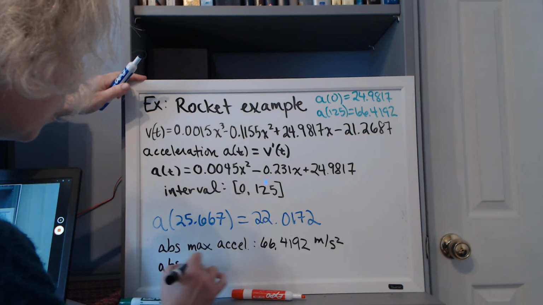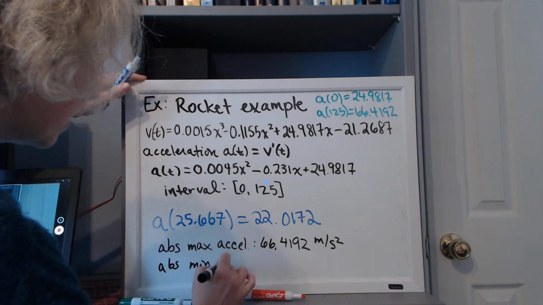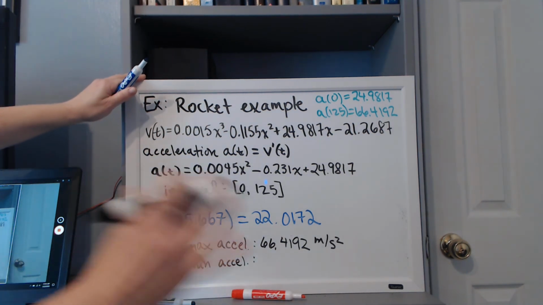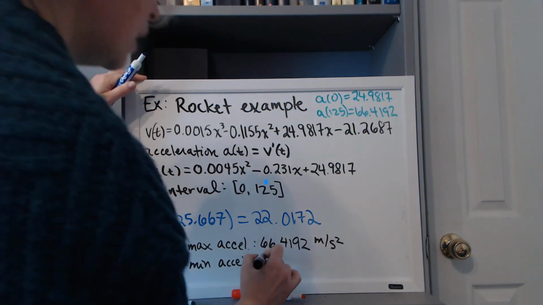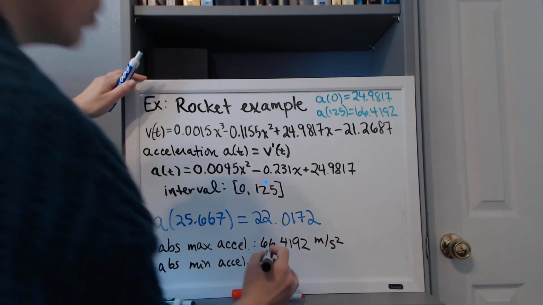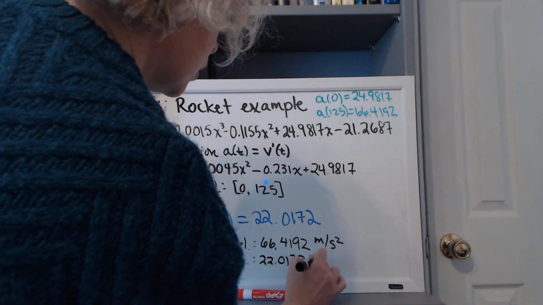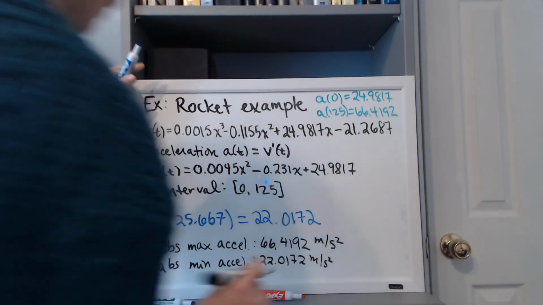And then the absolute minimum acceleration in this 125-second window, which is about 2 minutes, is 22.0172 meters per second squared.